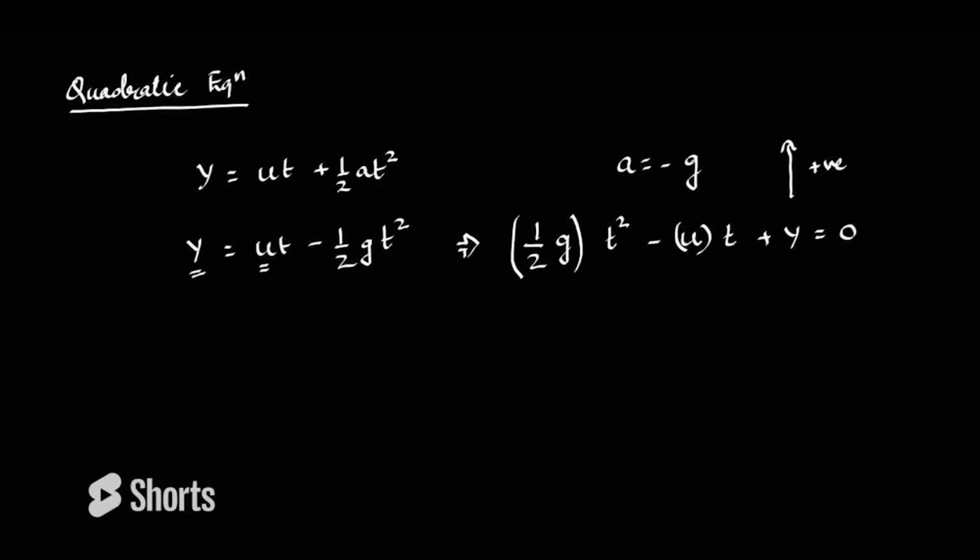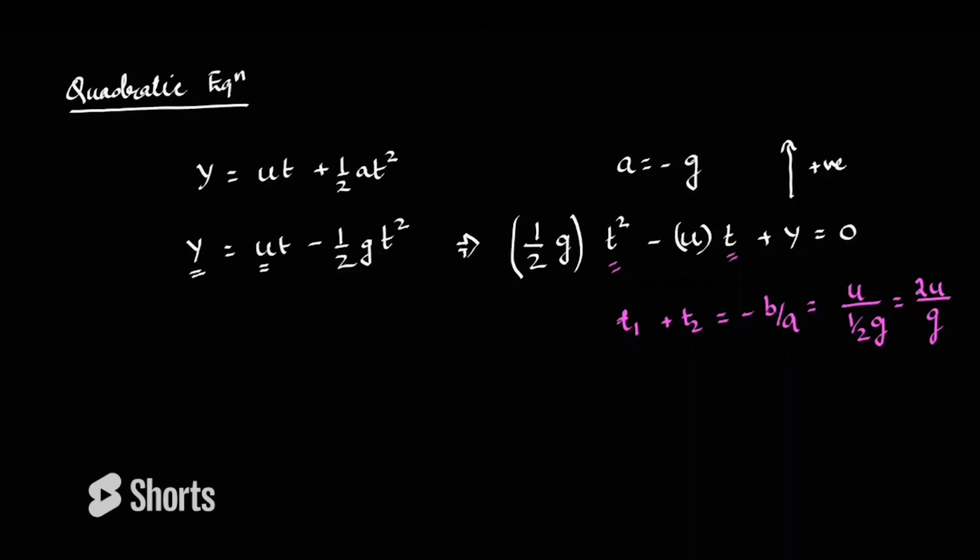Now clearly this is a quadratic equation in t, which means it will have two roots of t, such that the sum of roots t1 plus t2, as we have already studied in quadratic equations, is minus b by a. In this case minus b by a will become u upon half g, and by rearranging it will be equal to 2u by g.